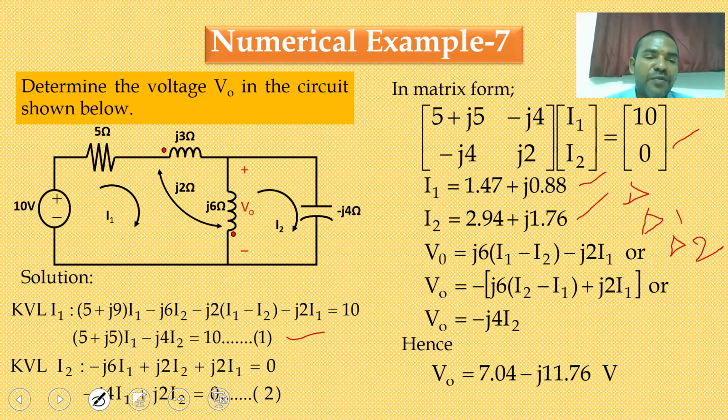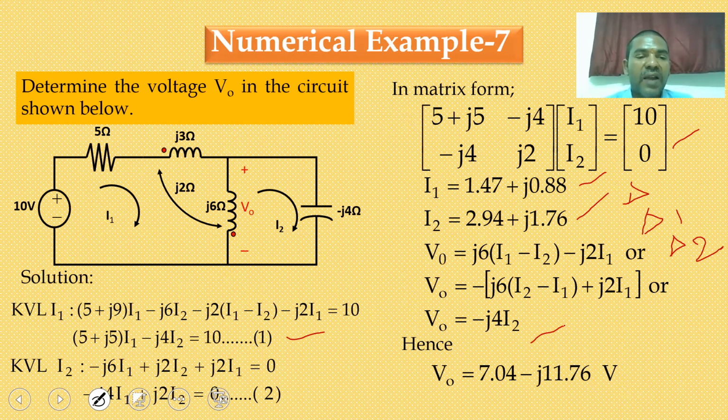So what is the current flowing through j6 with respect to the direction or polarities given by the circuit? So I1 minus I2. So minus 6 into I1 minus I2. So finally you are getting the value as minus j4 into I2.